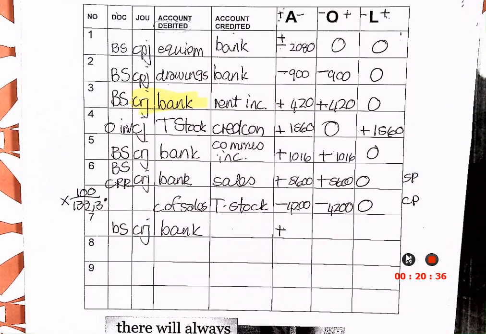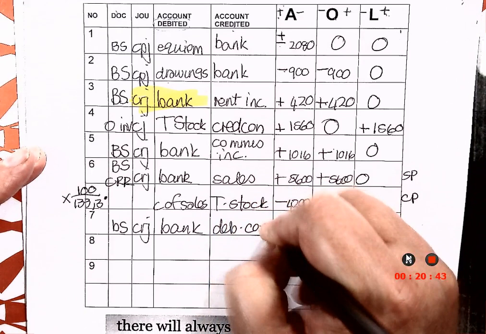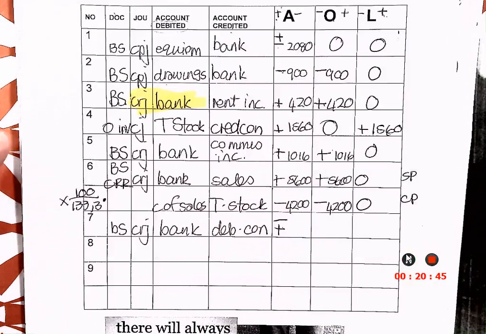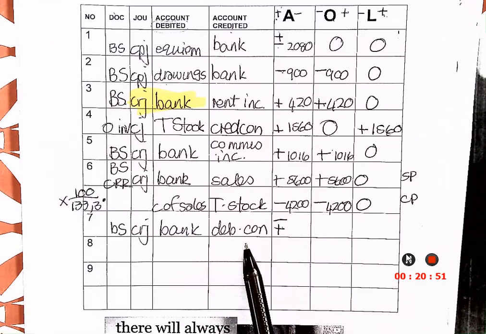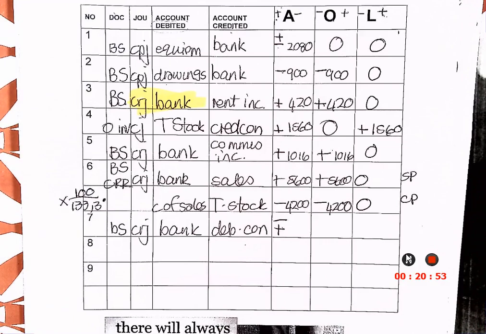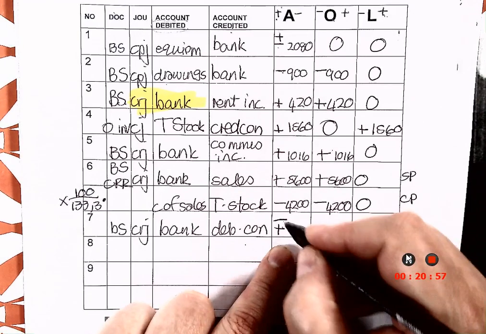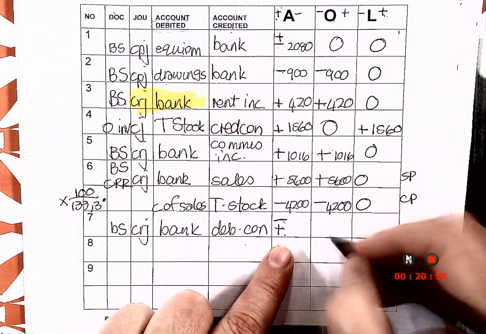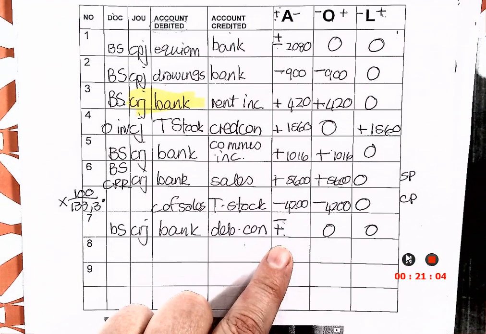So, a person who owes me is a debtors control, which is also an asset. So my money assets increase, but my debtors assets decrease because the debtor owes me less. I've got two sides, which means the equity and liability is both 0. And the amount is 780.